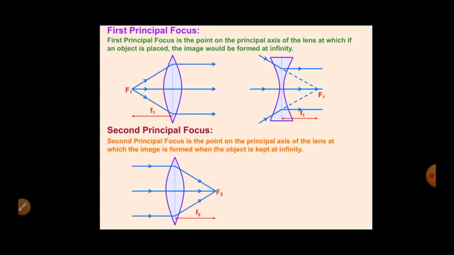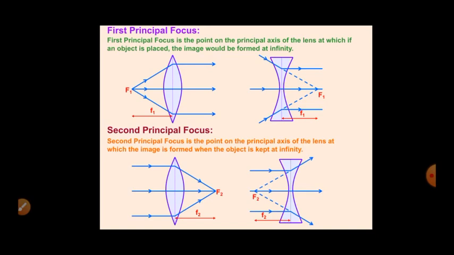Whenever parallel rays are incident on any lens, they go to focus at some point, and that point F2 is known as the second principal focus. The distance from pole to focus is known as the focal length. For the concave lens also, the rays appear to converge at a point F2, that is the second focus.